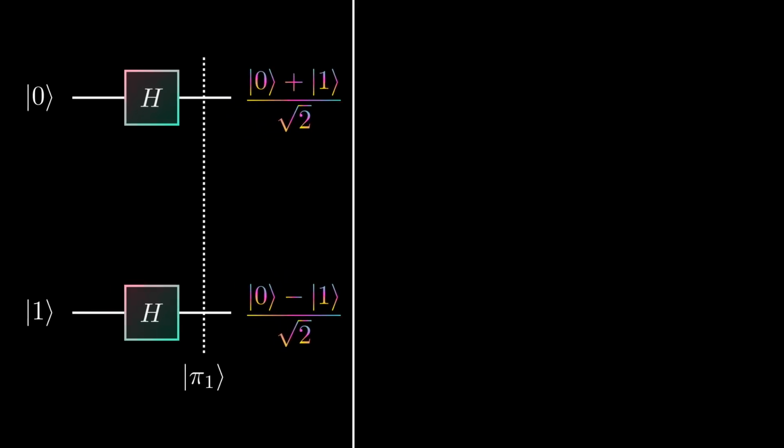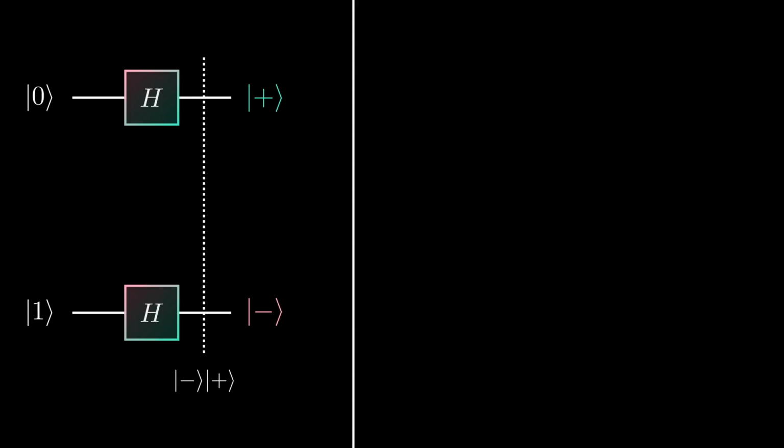These two outputs from the Hadamard gate, provided the computational basis states as inputs, are given a special plus-minus notation. The state vector defining f of 0, f of 1 is thus just these two vectors multiplied, which yields the following.